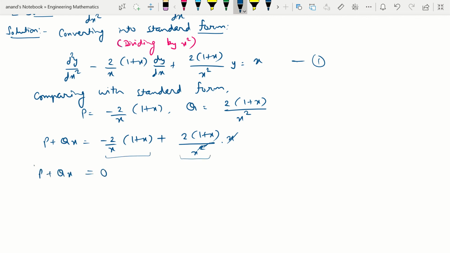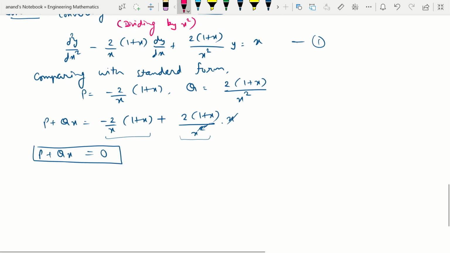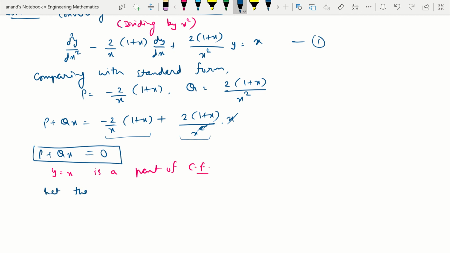So the condition obtained is P + Qx equals 0. On the basis of this, y equals x is a part of the complementary function. So it will become u for us, u equals x.